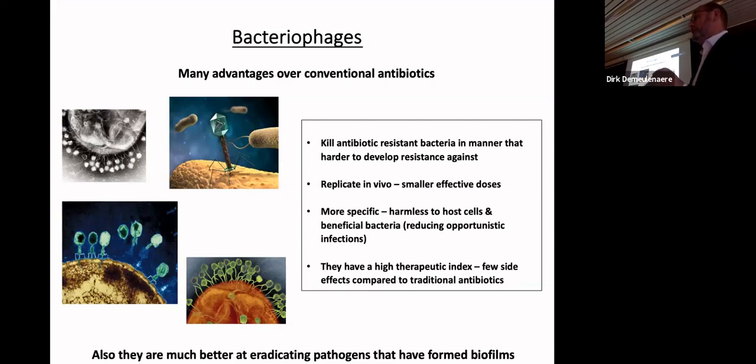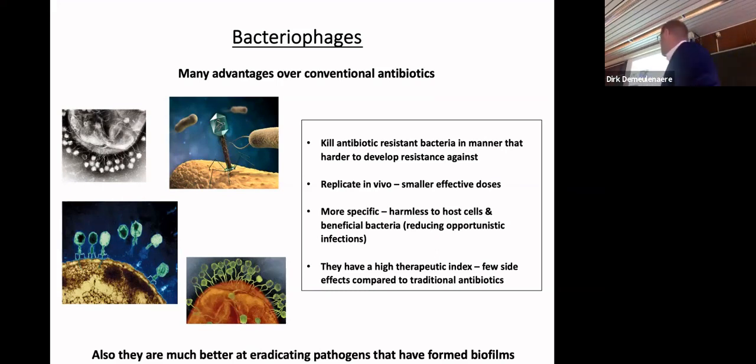So the more bacteria are present, the more your phage will multiply, and antibiotics don't multiply. That's an advantage in favor of the phage. It's certainly very specific to the bacteria. The probability that the phage is able to infect one of our eukaryotic cells is extremely low, and this is demonstrated by experiment. They have a high therapeutic index, meaning that you can give a huge dose of phage and it doesn't seem to be toxic for animals.